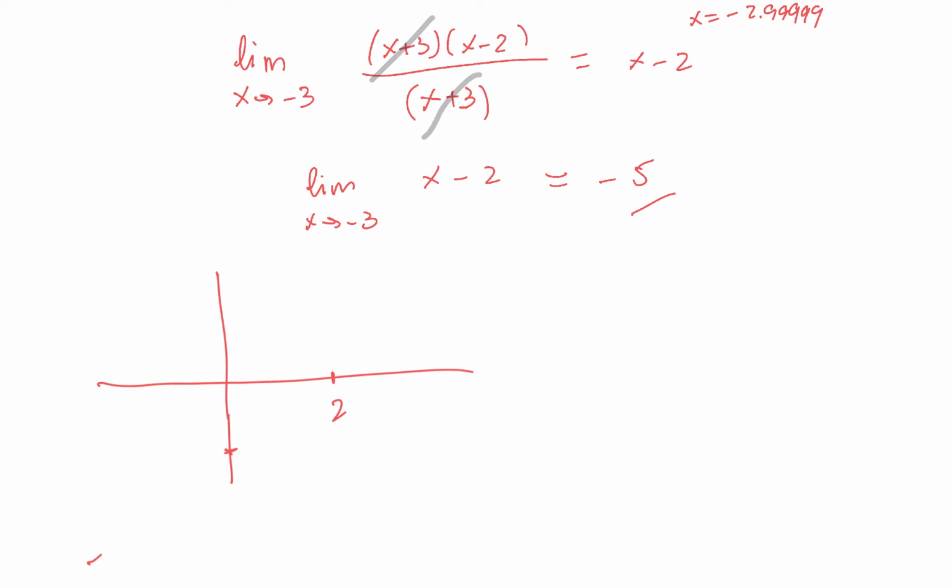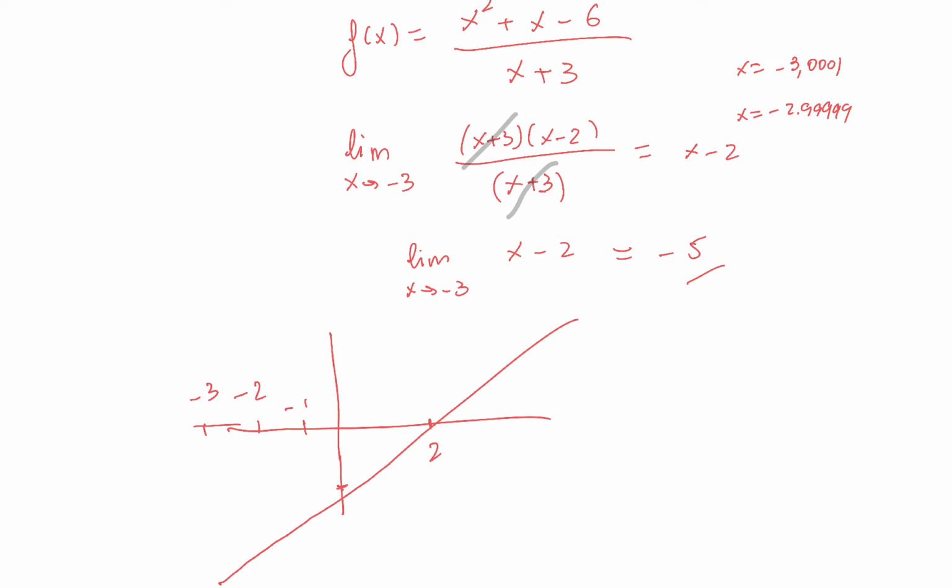So this function is this rectilinear line, because the division is x minus 2, except at x equal minus 3, that is not defined.